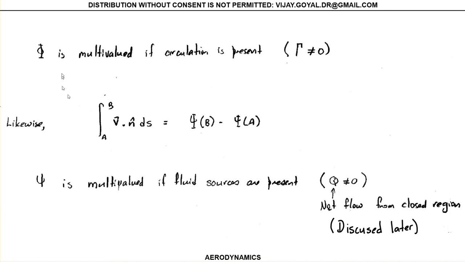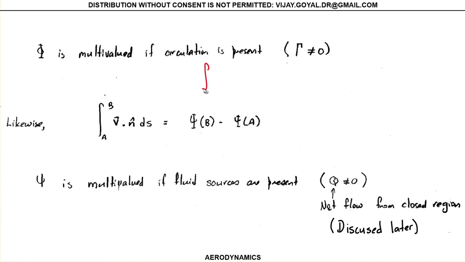A couple of consequences: you can see that your potential flow will be multi-valued, so you can have more than one value if your circulation is present. You can see this from here, right?